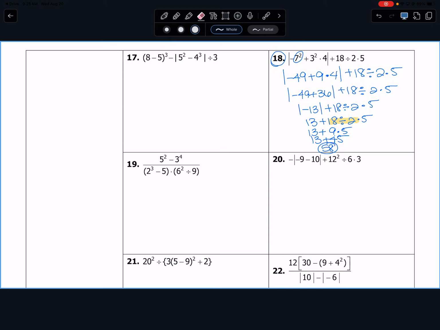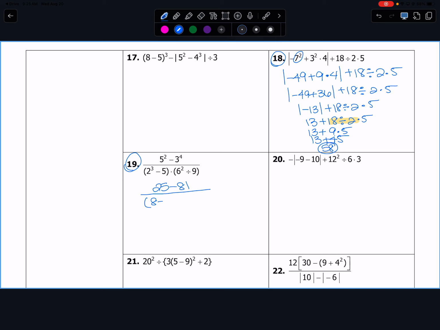All right, so my exponents, my parentheses. So I have 25 minus 81 in the top is my exponents.